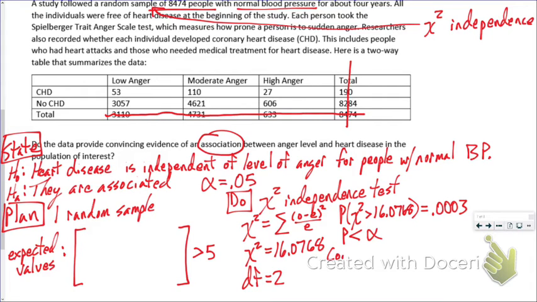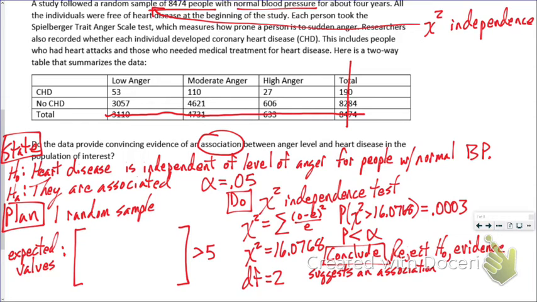Let's conclude. We reject H0. Evidence suggests an association between heart disease and level of anger.